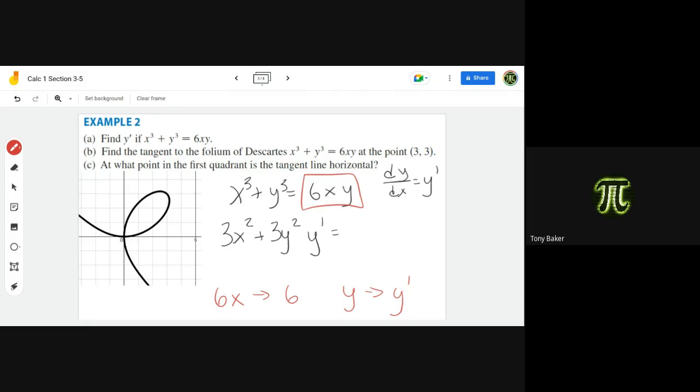So what's the product rule? It's the derivative of the first times the second, right? So 6y plus the derivative of the second times the first. So 6x y prime.